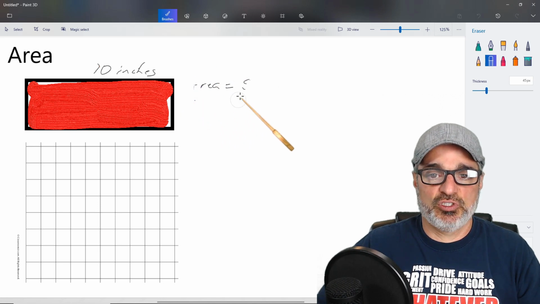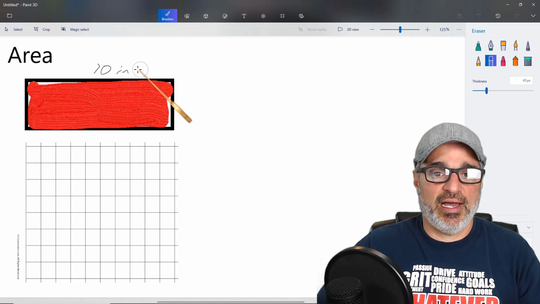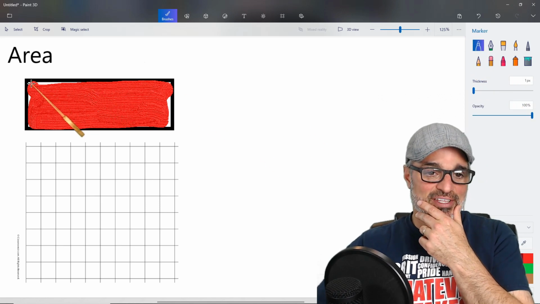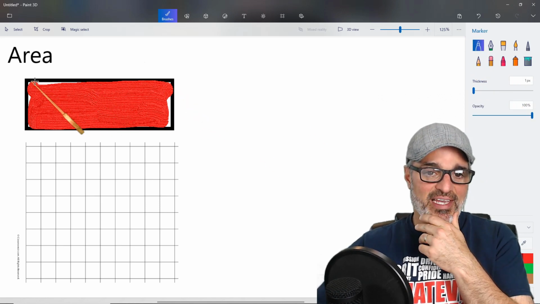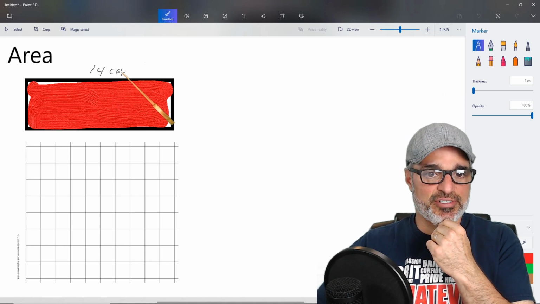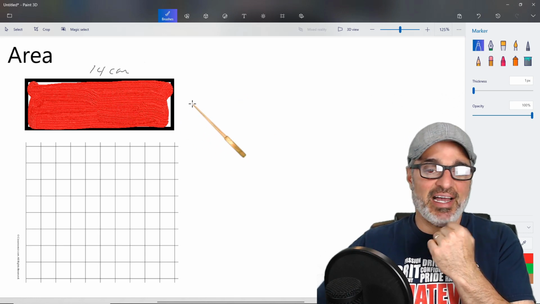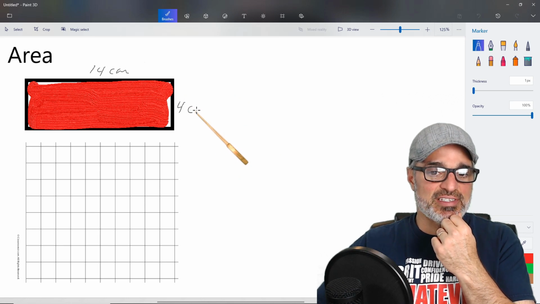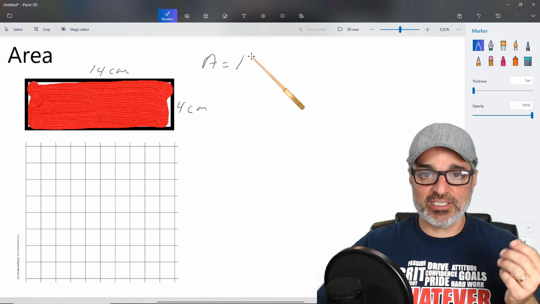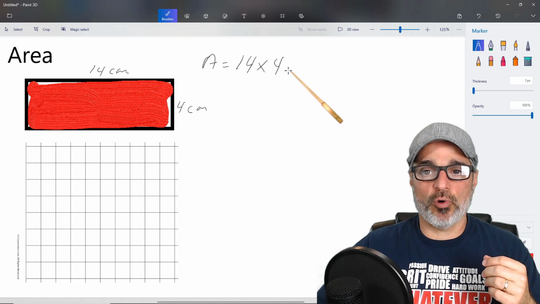So let's do a quick second example. If I tell you that in this rectangle the width is 14 centimeters and the height is 4 centimeters, then the area would be 14 times 4.